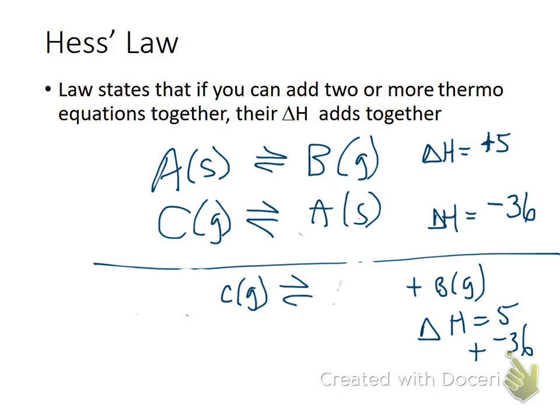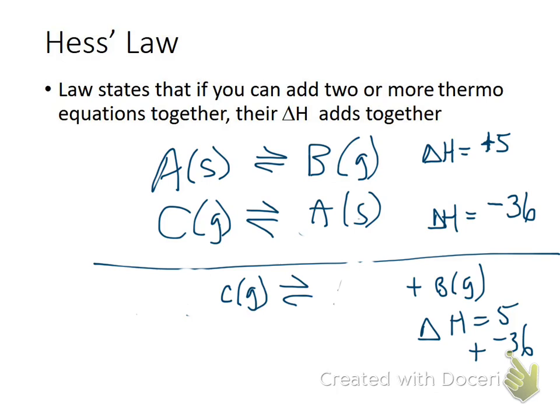Or this is a multi-step reaction where I have a starting reactant and an ending product that has multiple steps along the way that I don't really care about, but I can cancel out by using some fancy changes to this additional thing. Now this works across multiple equations. It doesn't have to be just two equations that you're adding. You can add as many equations together as you want, the delta H just simply stacks up.